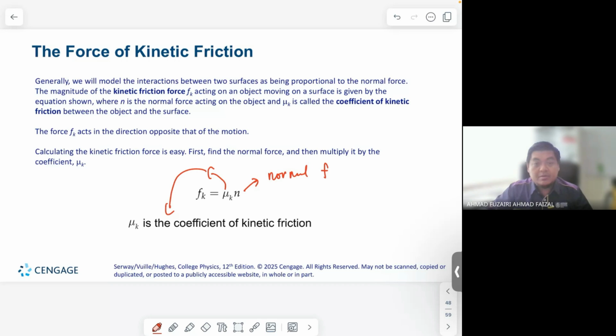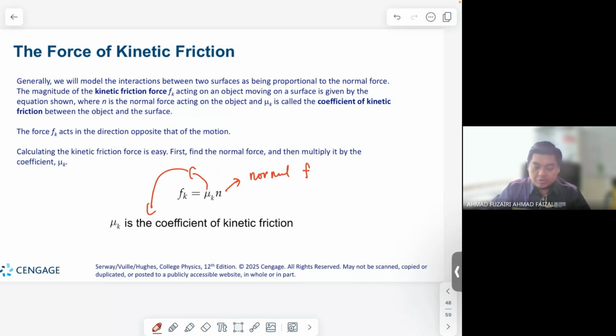You cannot memorize all the values, but inside the question, the coefficient of kinetic friction can be stated, or you may be asked to derive it.